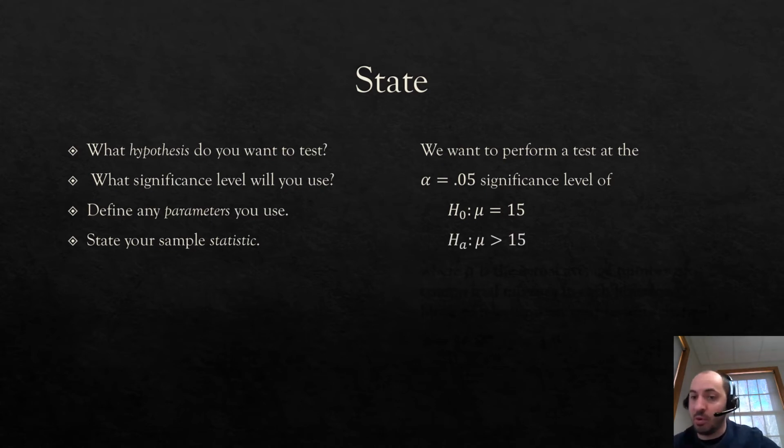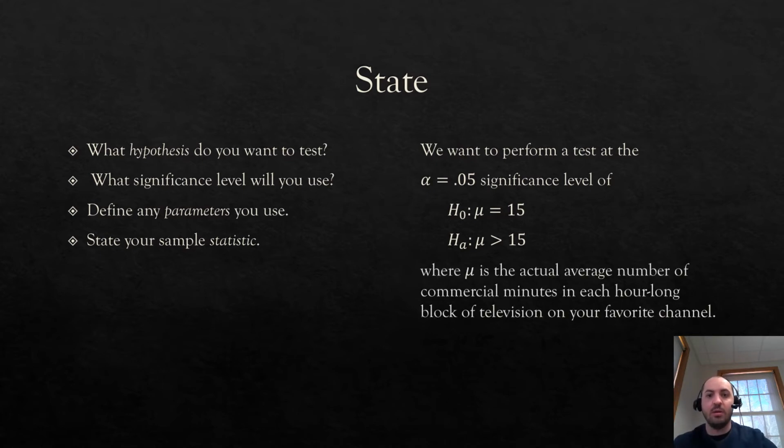But you think it's more than 15, so your alternative hypothesis is that mu is greater than 15. You define mu as the actual average number of commercial minutes in each hour-long block on your favorite channel. And here I computed my mean and my standard deviation. You'll probably use a calculator or some sort of technology for this. So this is everything you need in state.